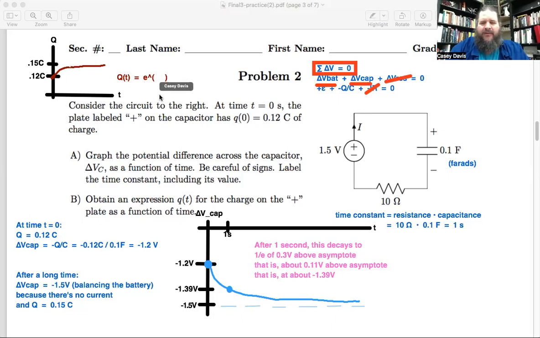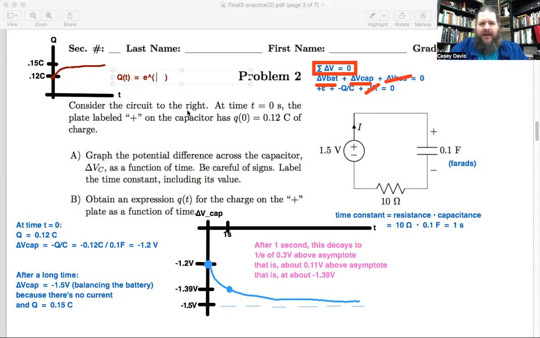How do we decide what that whatever is going to be? Well, the thing is, it's going to have to involve time.